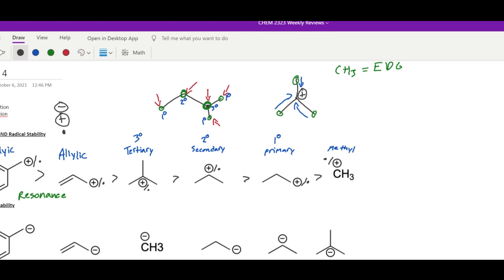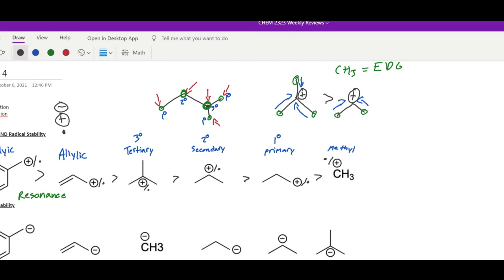Now let's look at a secondary carbon. Obviously, 2 sources of electron donation versus 3 sources. The 2 sources is obviously going to have less stability, right? There's only 2 ways that carbon can stabilize itself.